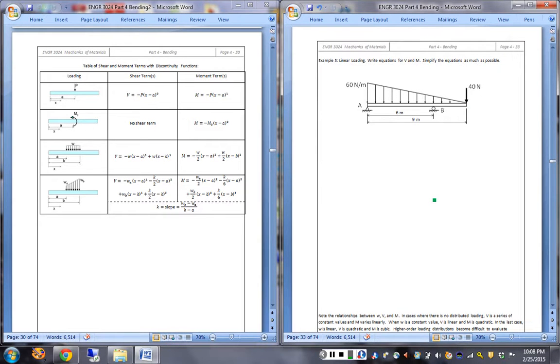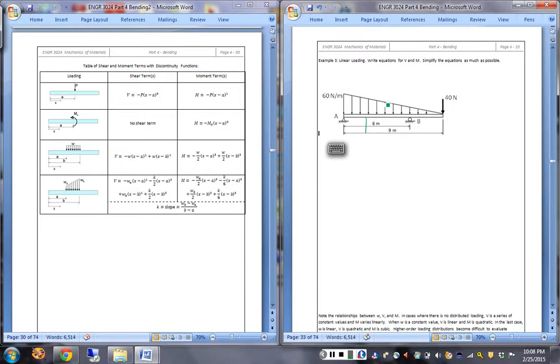The third example that we have for using discontinuity functions to write the shear and moment equations is a non-constant distributed load. As always, the first thing we have to figure out is what are the external forces acting on our structure.